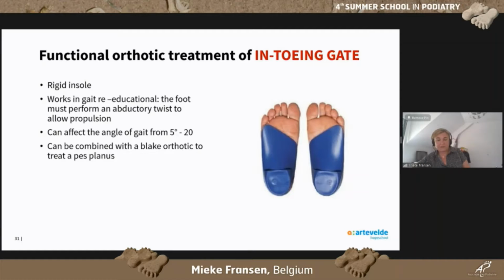So the child learns to externally rotate the foot. We know from research that this insole can affect the angle of gait between 5 degrees and 20 degrees. And it can also be combined with the Blake orthotic to treat a pes planus, as it often presents both.